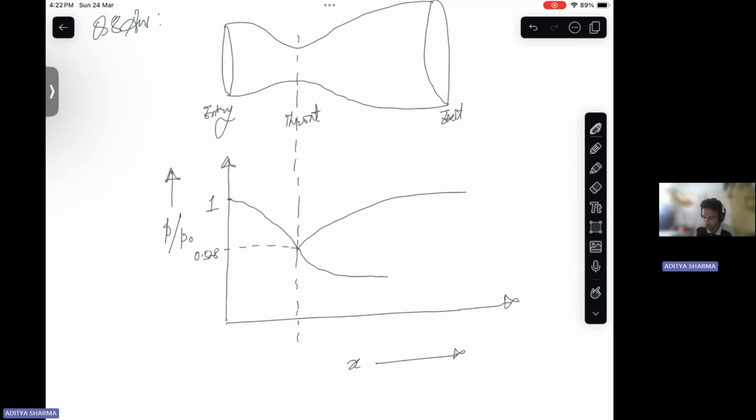Then there is some condition where we get a shock. But then there is a condition where we have this under expanded case, right?